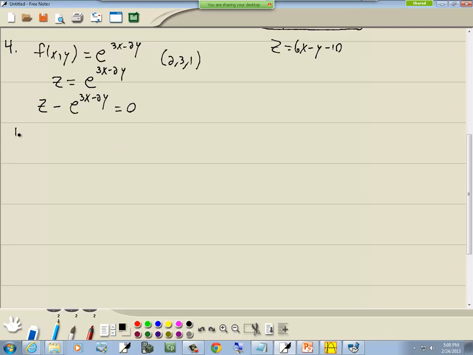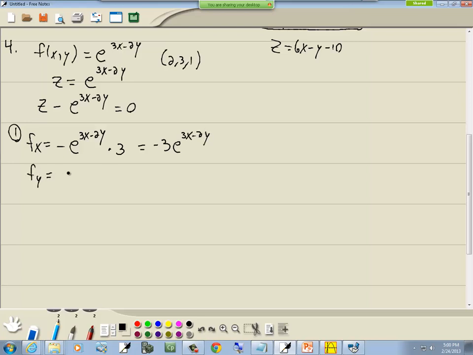Okay, first step, find our partials back to x. Well, the z drops away because we treat it as a constant. The derivative of this negative stays there. Derivative of e to the power is e to the power. That never changes. But you have to multiply it times the derivative of the exponent. And with respect to x, this would be 3. So that's going to give us negative 3e to the 3x minus 2y.